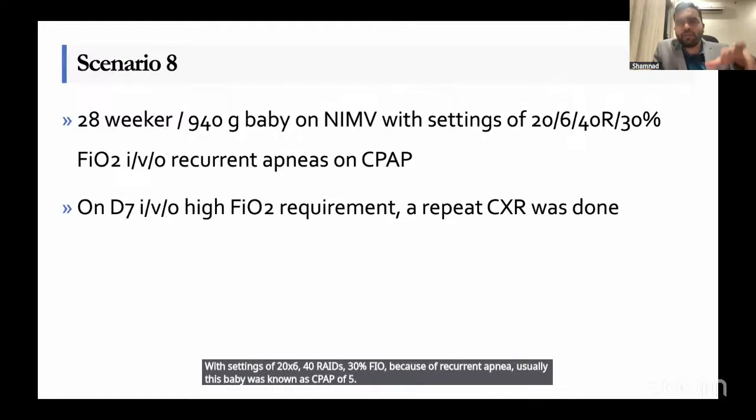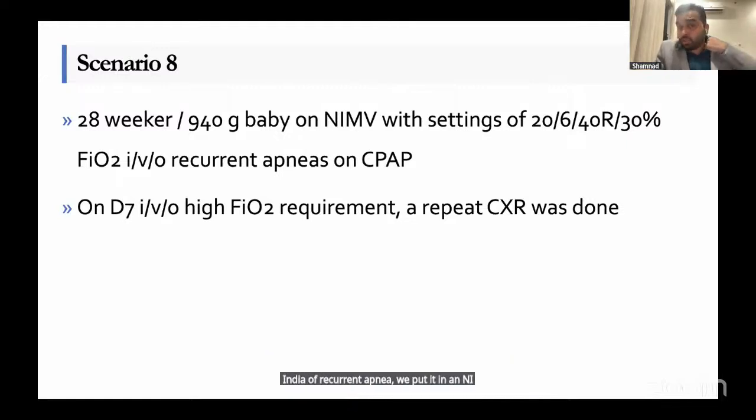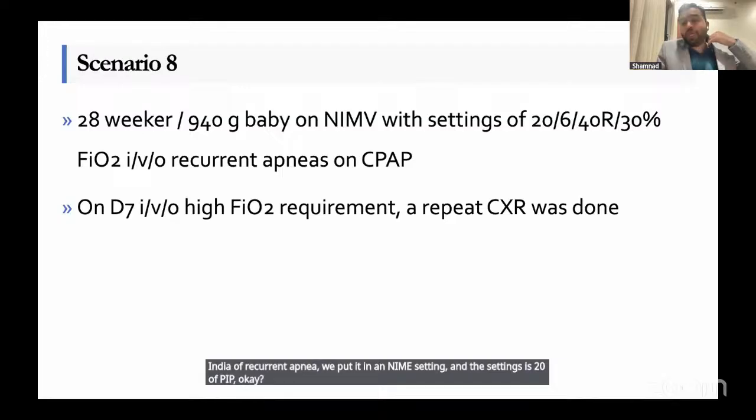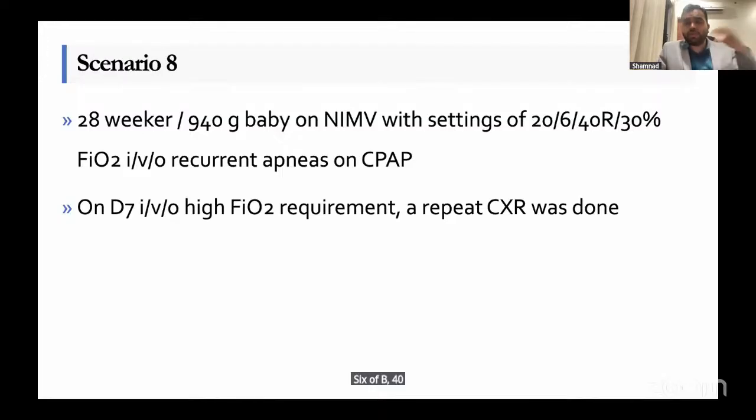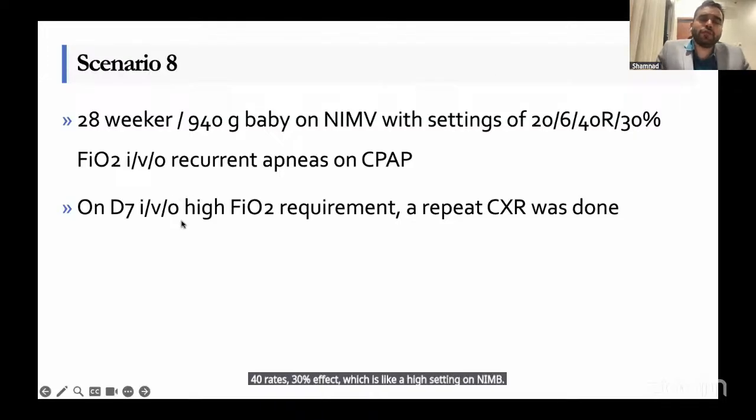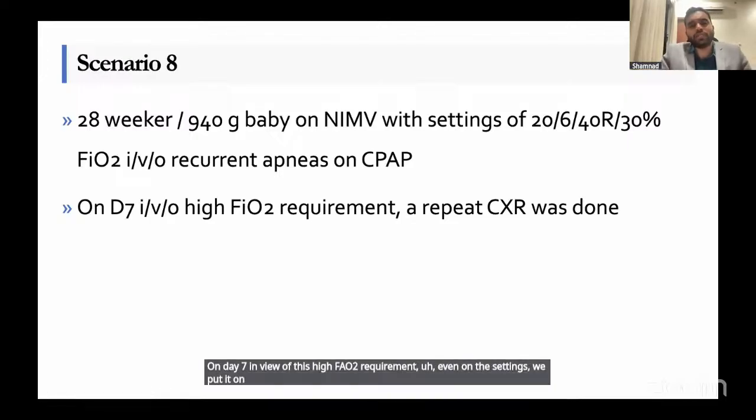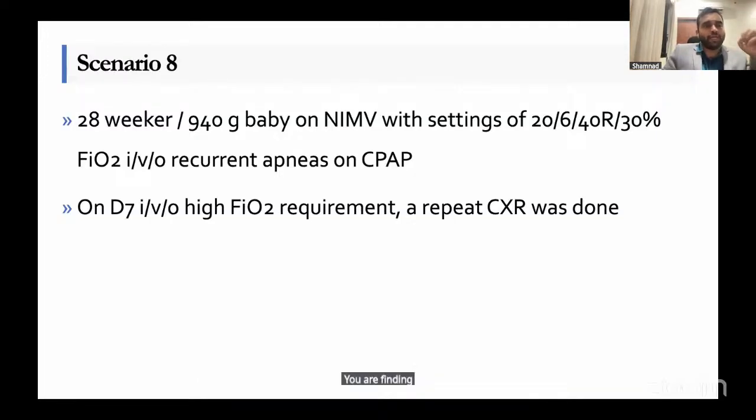In view of recurrent apnea, we put it on an NIMV setting, and the settings are 20 of PIP, 6 of PEEP, 40 rate, 30% FiO2, which is like a high setting on NIMV. On day 7, gradually you are seeing that the baby's FiO2 requirement is creeping up. You are finding it difficult to inflate the lungs.